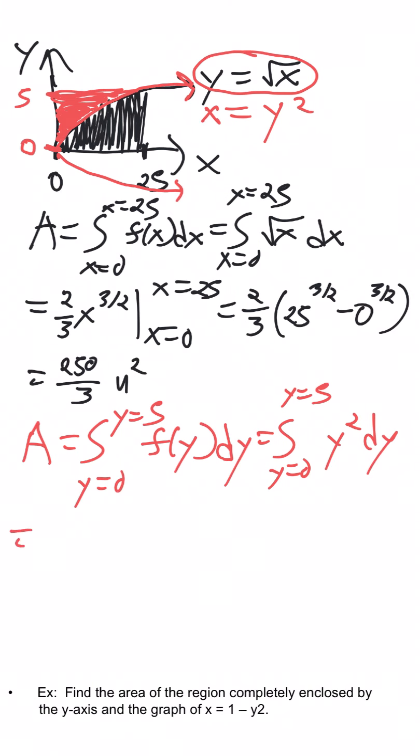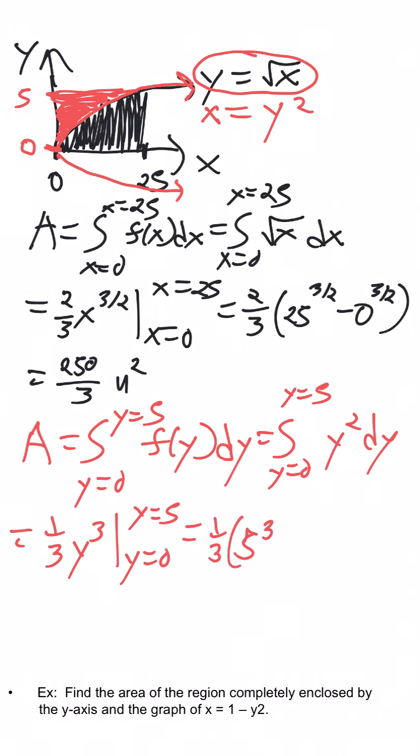Now we integrate. No problem. You get 1/3 y cubed evaluated from y equals 0 to y equals 5. And pull out the 1/3. You get 5 cubed minus 0 cubed, which is, of course, 125 over 3 units squared.